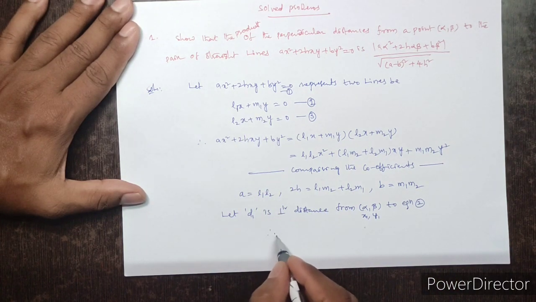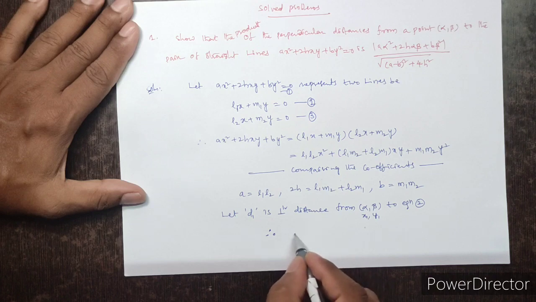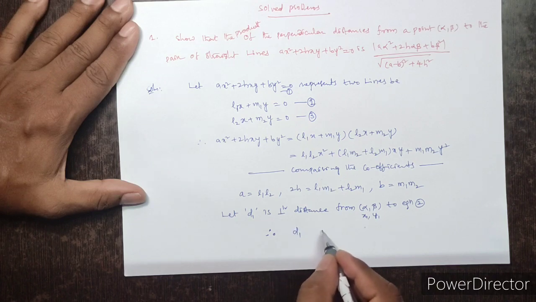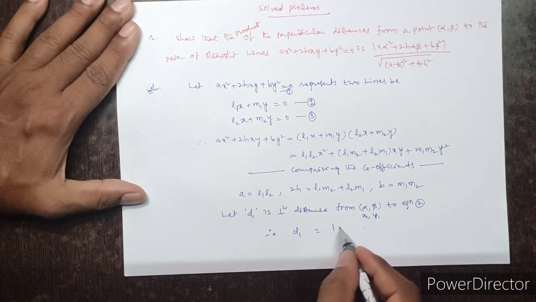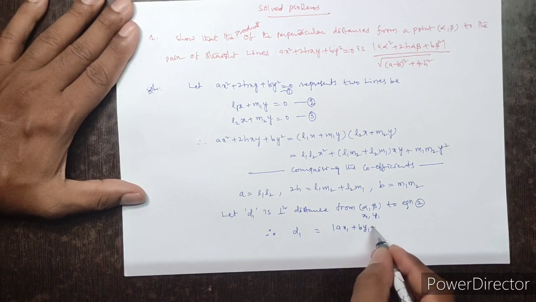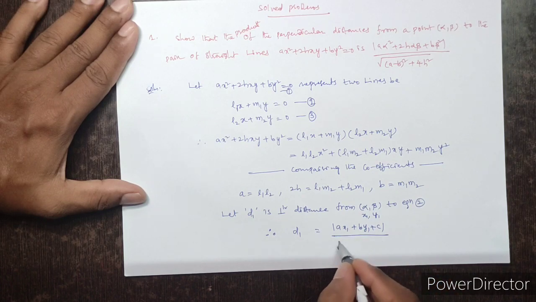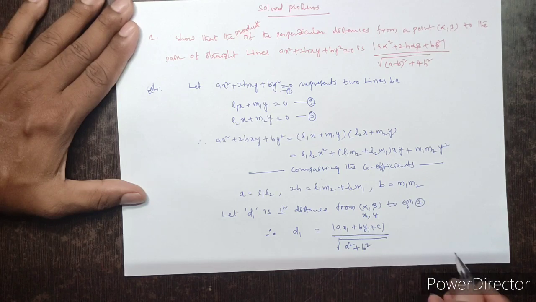Already we know the formula of perpendicular distance from a point to a line: d1 equal to modulus ax1 plus by1 plus c by root of a square plus b square.